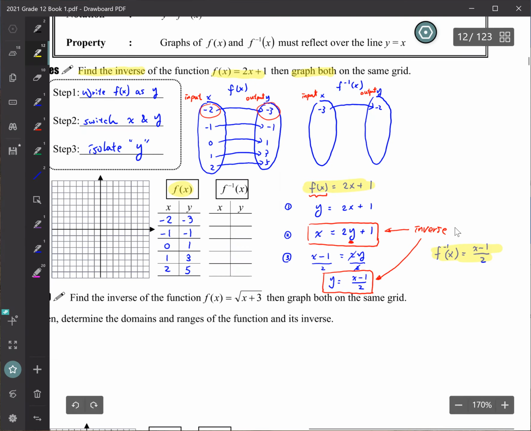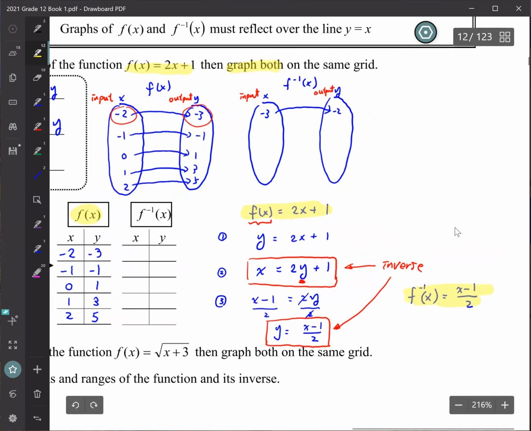So here's our function, right? We want to see if it works. So what we can do is we plug in -3.